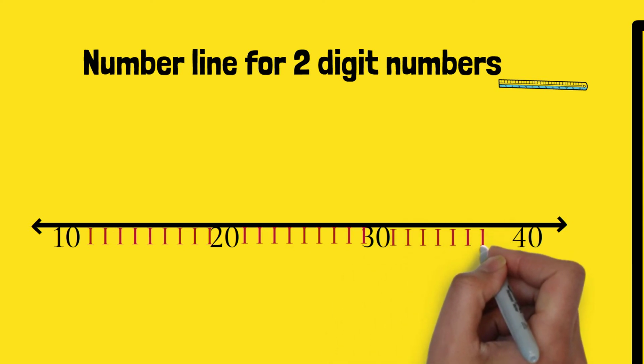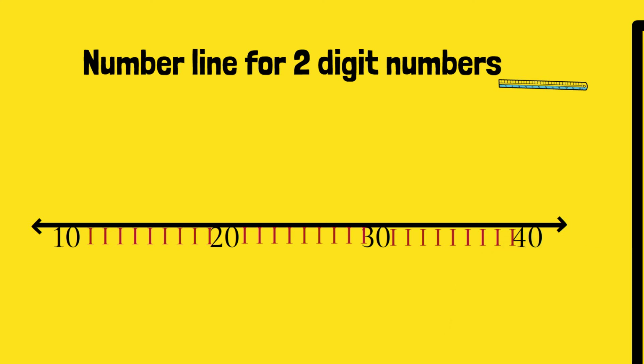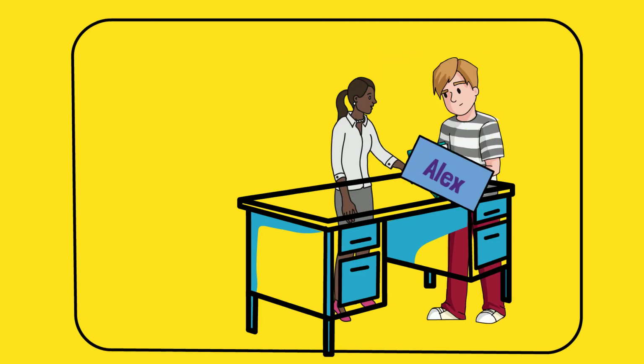So when we add larger 2-digit numbers or we need to subtract larger numbers, we need to draw this number line. Let's do one word problem to understand this. Where is our friend Alex?